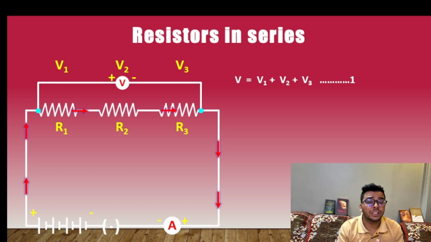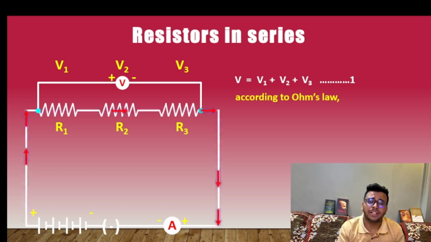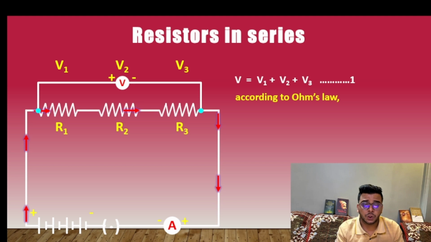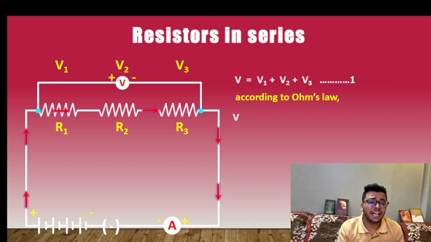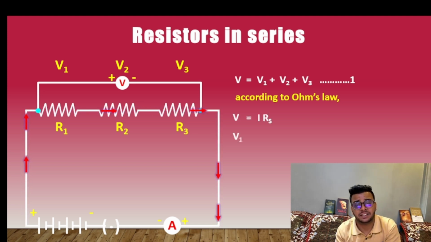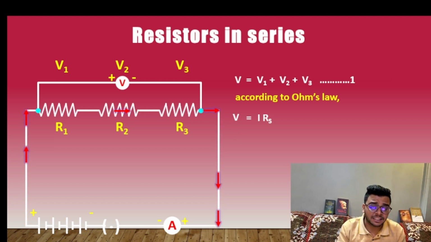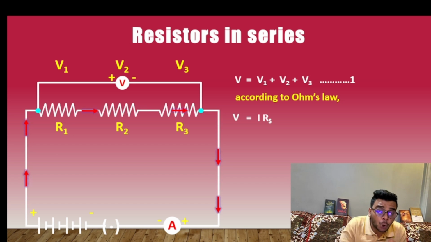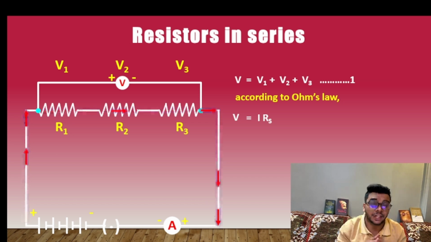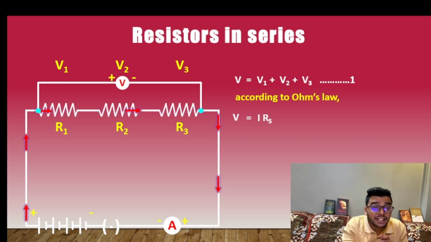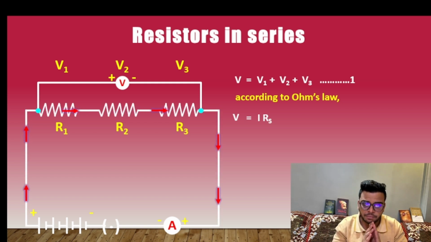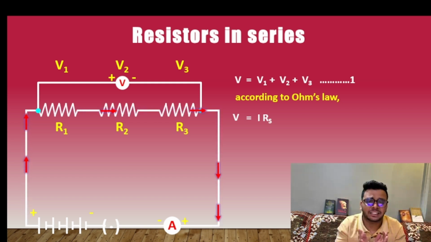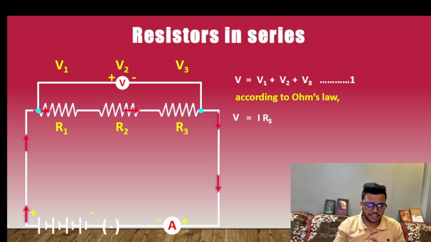Now we know that according to Ohm's law, V is IR. So here I will write V as I into Rs. Rs indicates the total resistance in series, also known as effective resistance in series. मतलब पूरा series का resistance को Rs से define करते हैं.